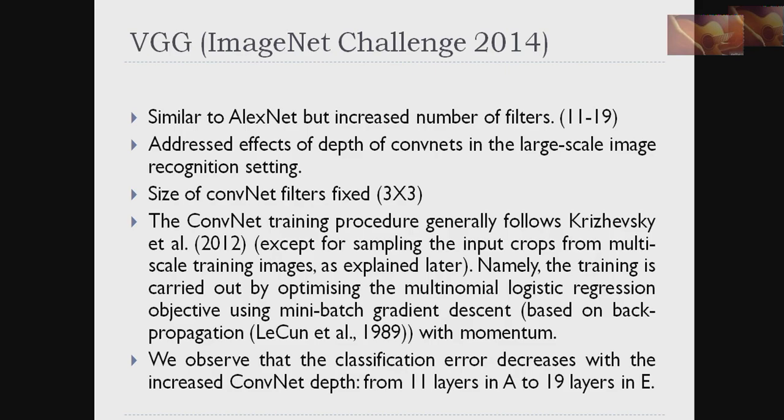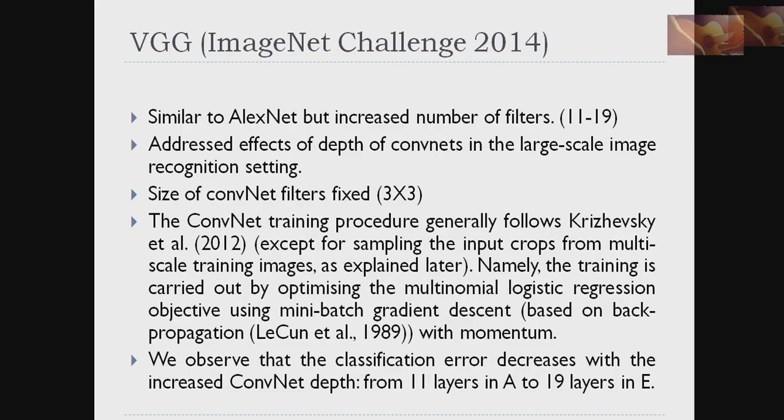It addressed the effects of depth of convnets in large scale image recognition settings. The size of convnet filters is 3x3. It is highly regularized in comparison to the other architectures. Training image rescaling is there, as we will see.